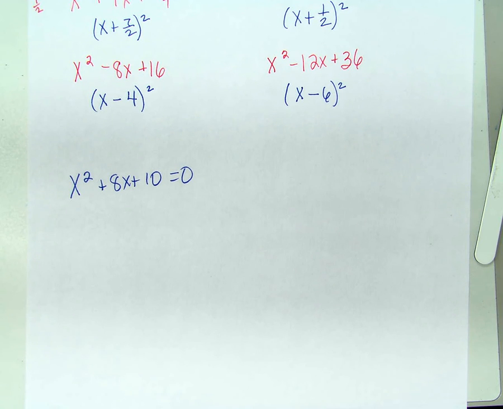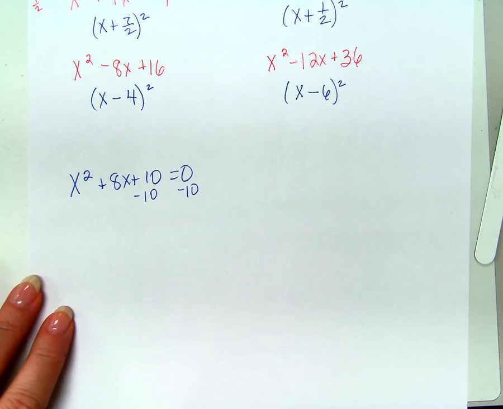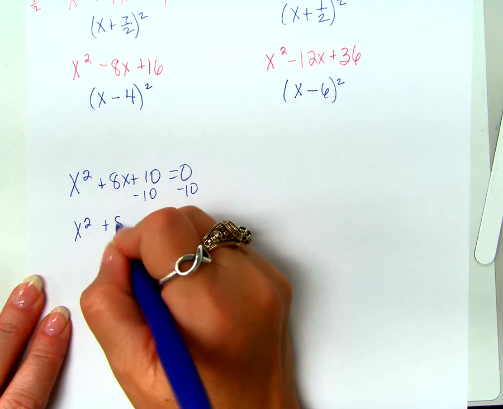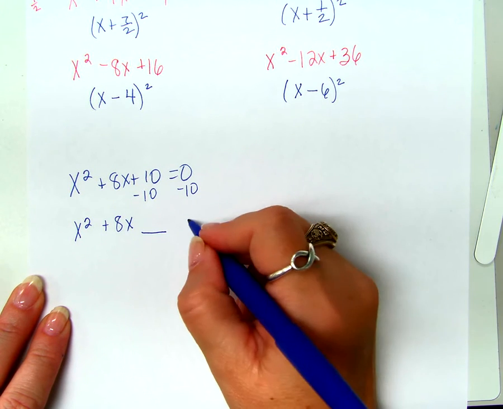I'm sorry I said stupid. Everybody just looked at me like I was some sort of creep for saying stupid. I'm sorry. Okay, that darn 10 is in the way. What do I do with it? Move it to the other side. We subtract 10 from both sides. So I have x squared plus 8x. I know I'm going to fill in a place right here, so I'm going to give myself a blank.